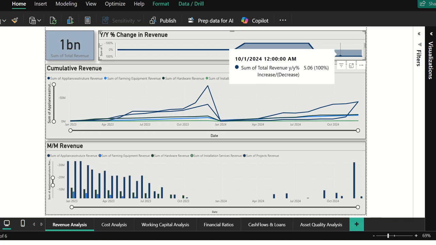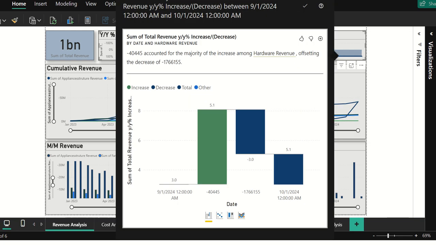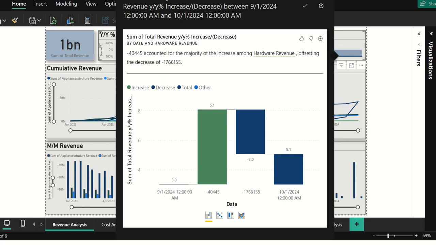What about here? Well, we can click again, right click, analyze, explain this increase. 44,000 accounts for the majority of the increase from hardware, offsetting the decrease of 1.7. So already there you've been shown how that increase was offset by that decrease.